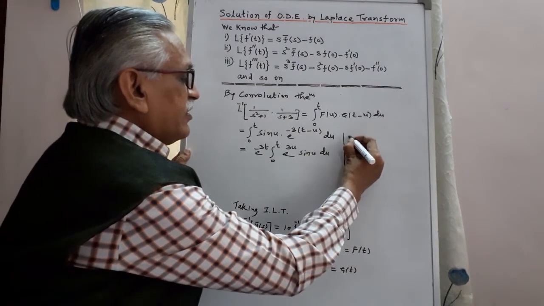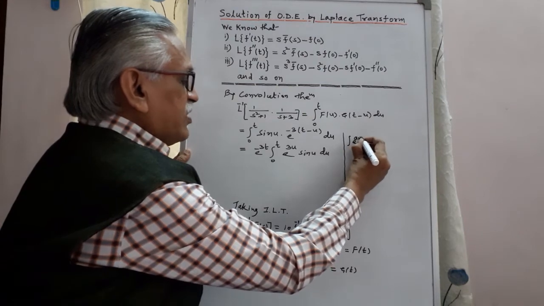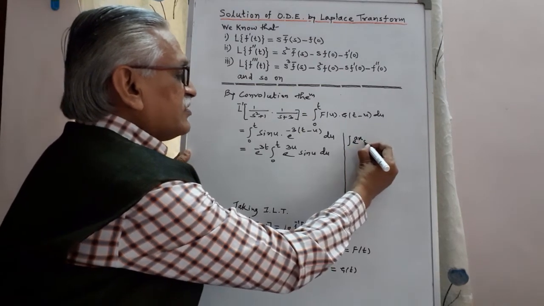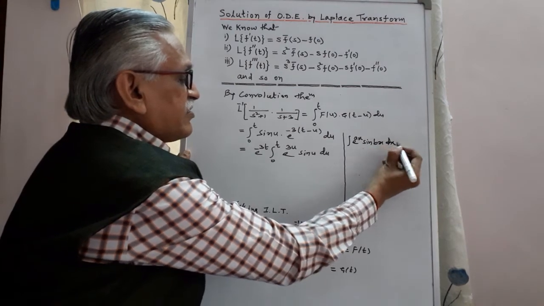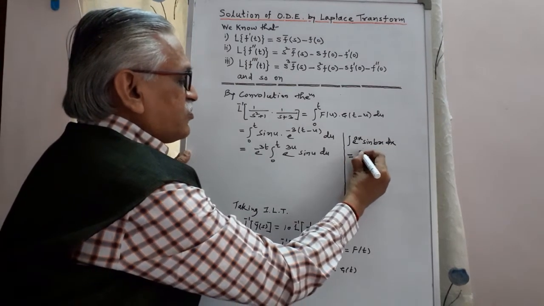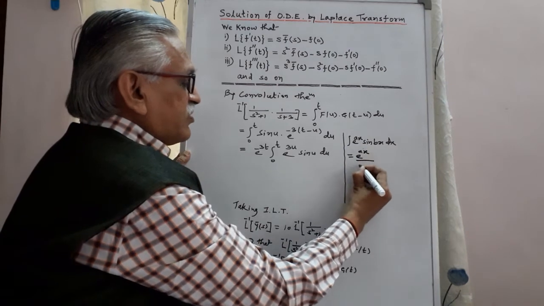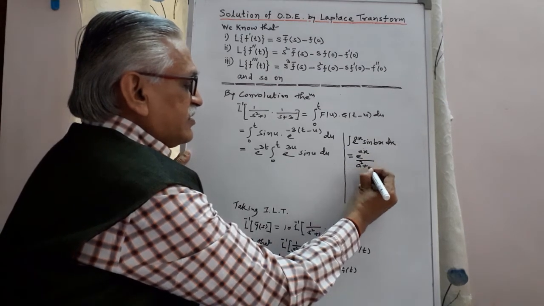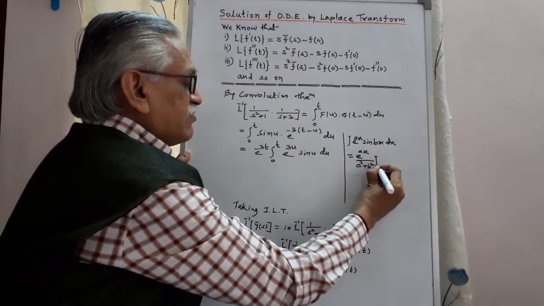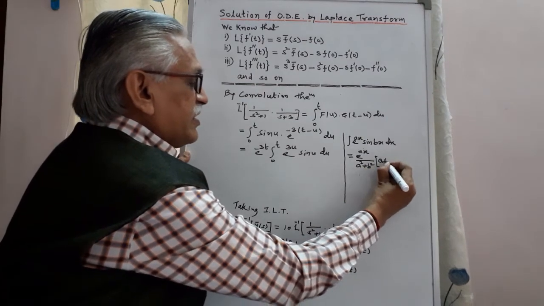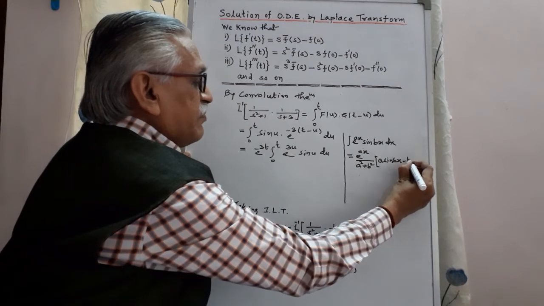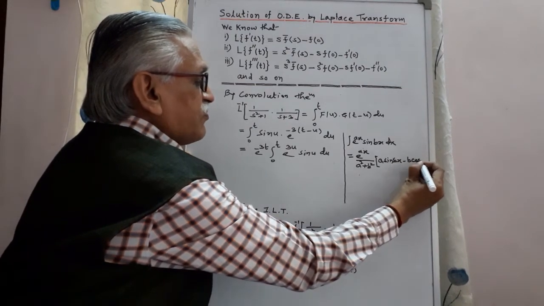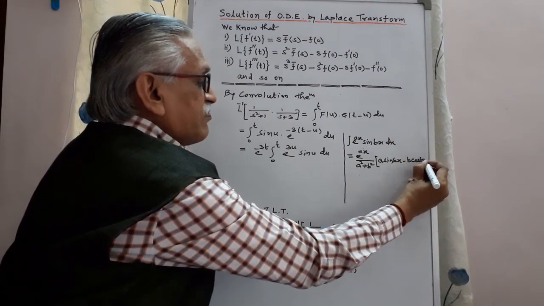And then using the standard result: we know that integration of e raised to ax sine bx dx is e raised to ax divided by a square plus b square, multiplied by a sine bx minus b cos bx.